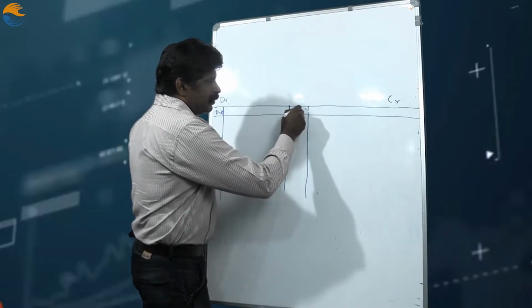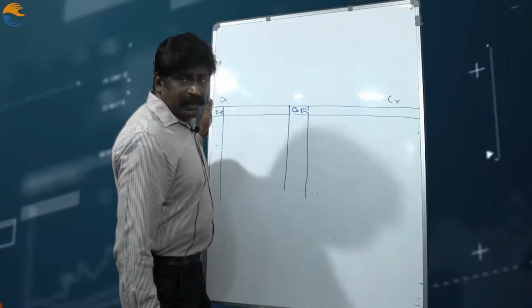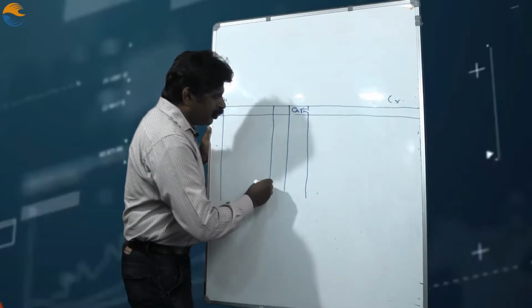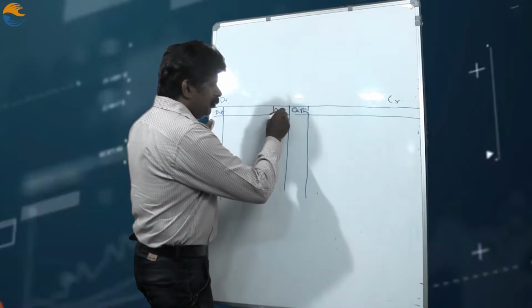This amount column is called a cash column. Since it is a double column cash book, there will be two amount columns. One is to record the cash and another is to record a bank.